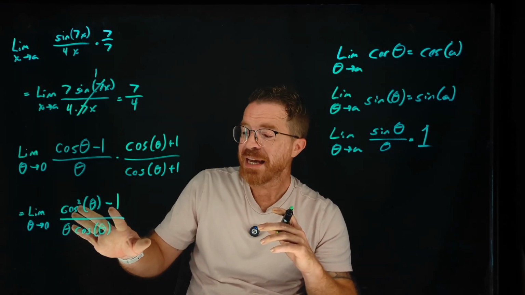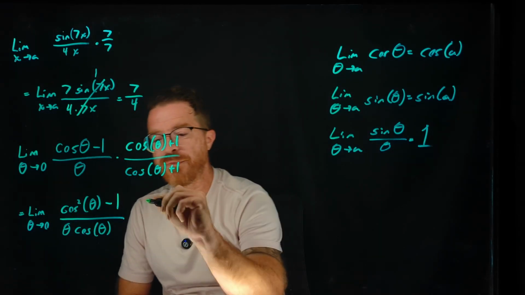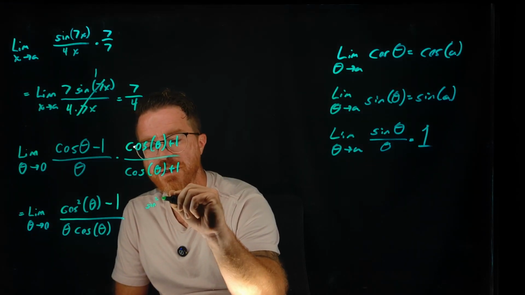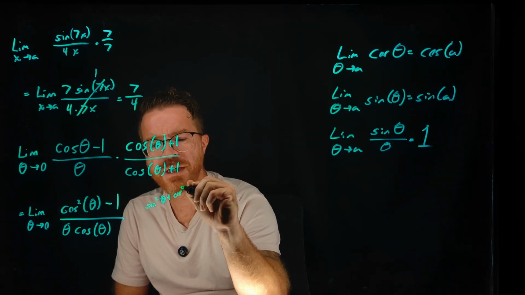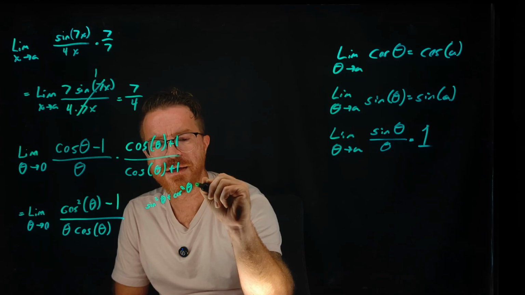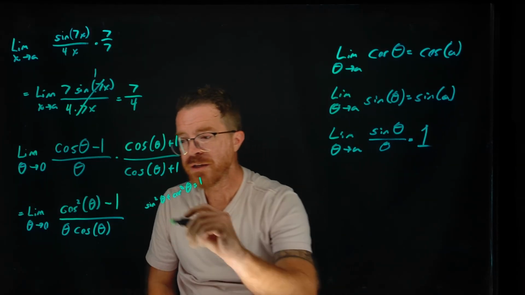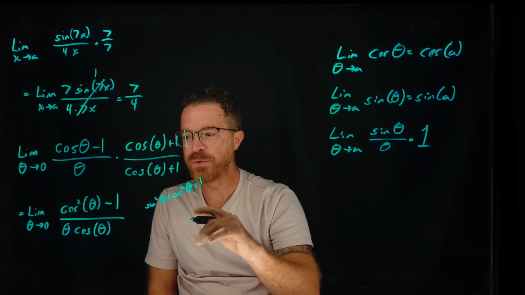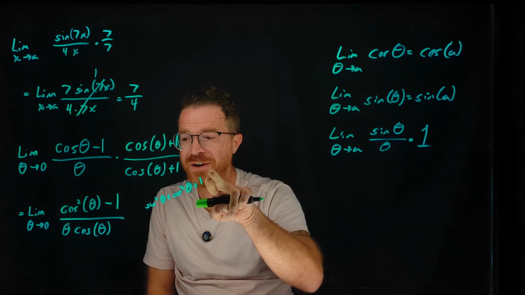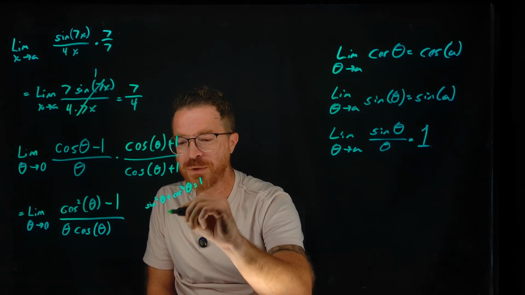Now what do we do? Well, in this case, we're going to use the fact that sine squared theta plus cosine squared theta is equal to 1. And what I'm going to do is move this sine over here.